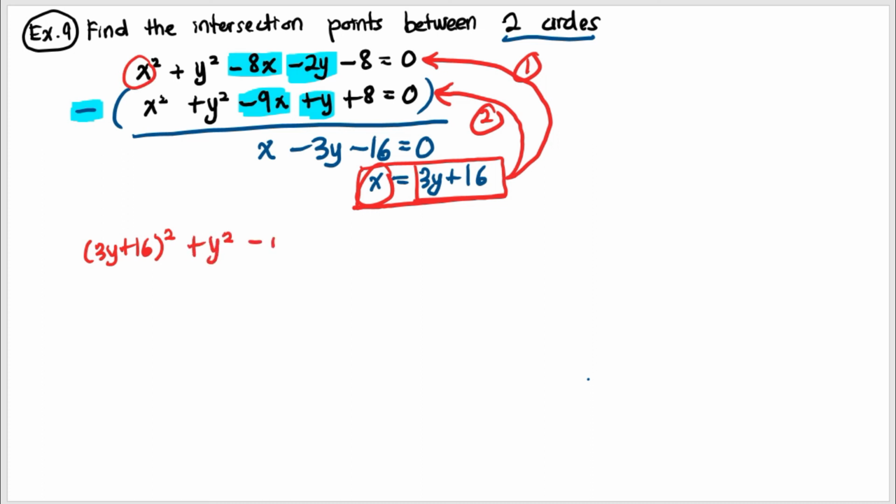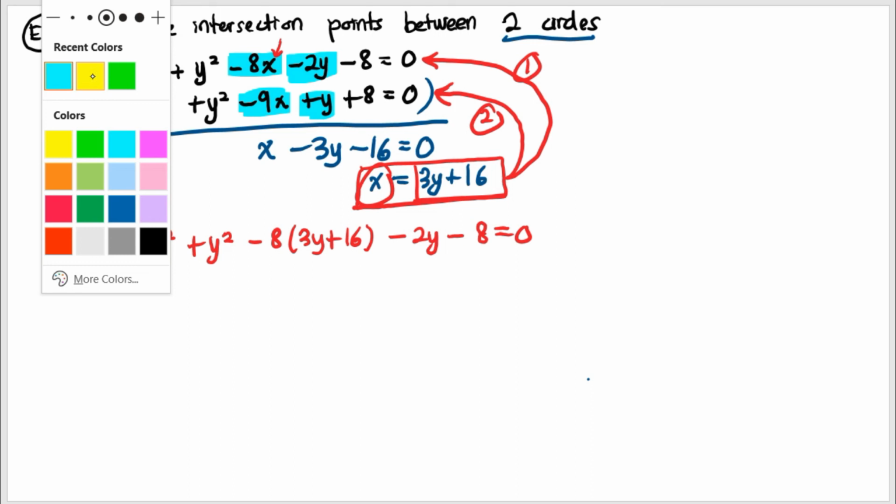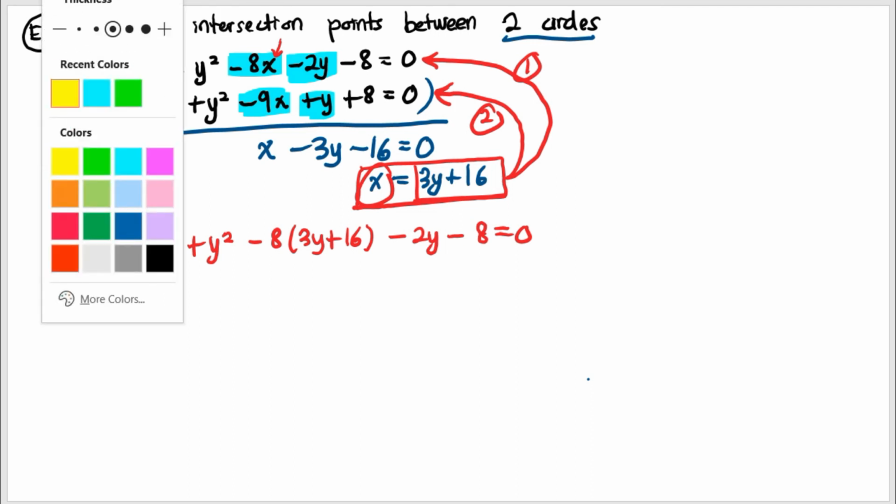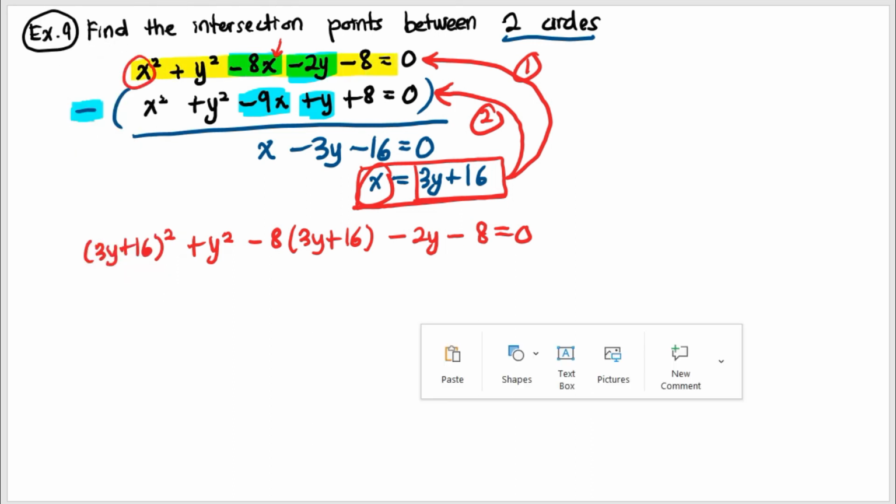Now plus y squared minus 8. Now we have x will become 3y plus 16, squared, and then I have minus 2y minus 8 equal to 0. I'm substituting, if you are still wondering which equation I'm substituting inside, this equation.